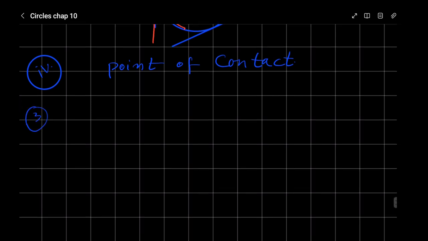Now let us come to question number 3, which is a kind of numerical example. Let me read out the question and then we will try to solve it. I will read out the question and make a diagram in blue, and whatever I do after reading the question and making a diagram, I will do in red, so that you know what is the answer and what is part of the question.